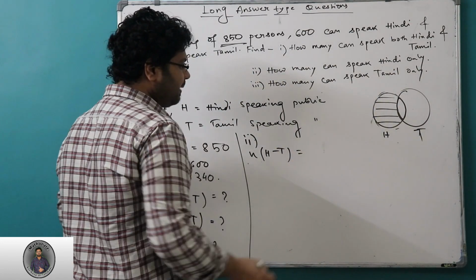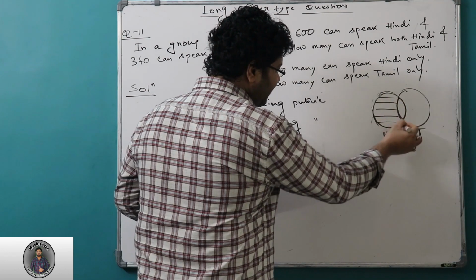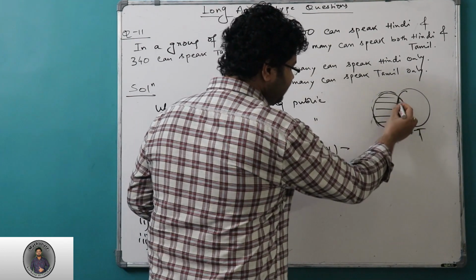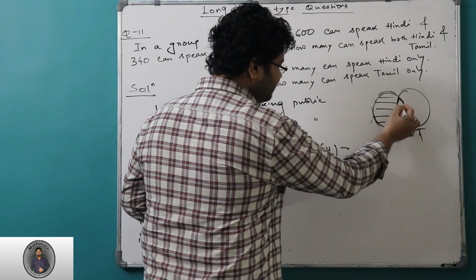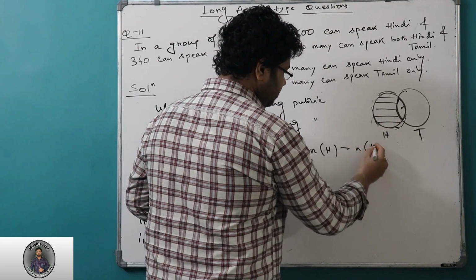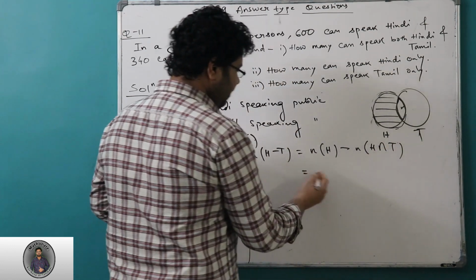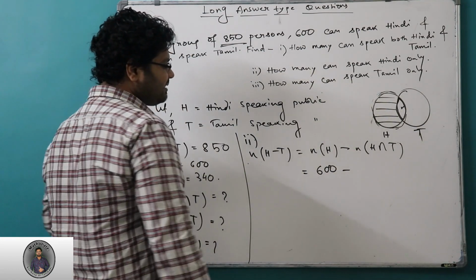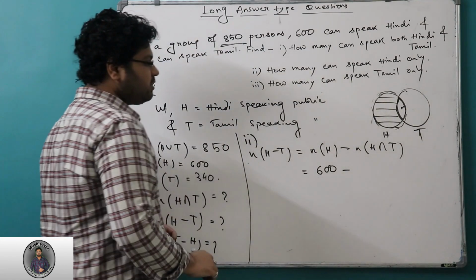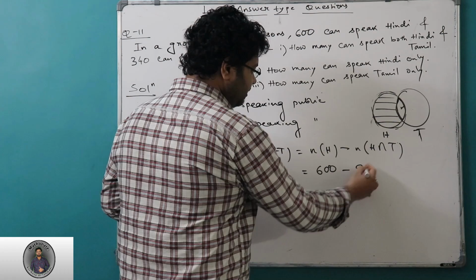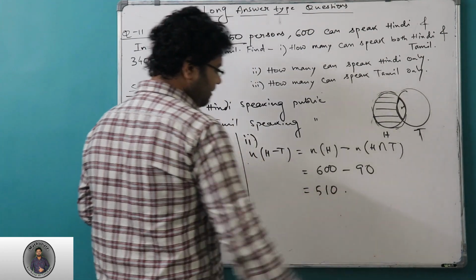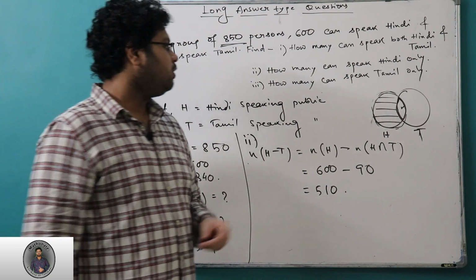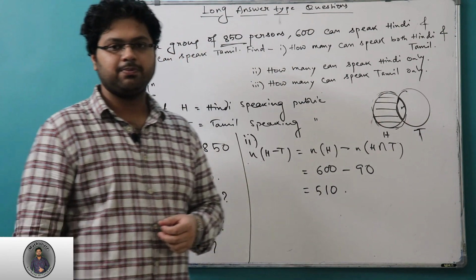So we can write n of H minus T as the total part, n of H, minus this overlapped part, that is H intersection T. n of H is 600 minus n of H intersection T, which in the previous part we found is 90. So the answer will be 510. So there are 510 people who can speak Hindi only.